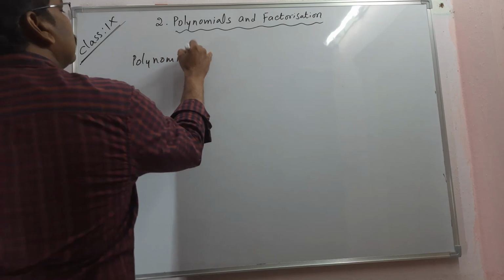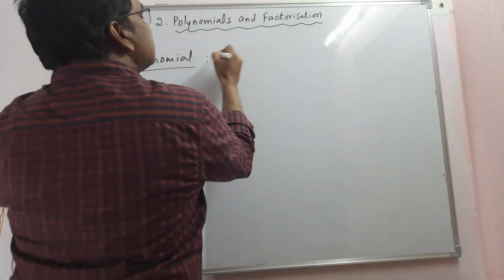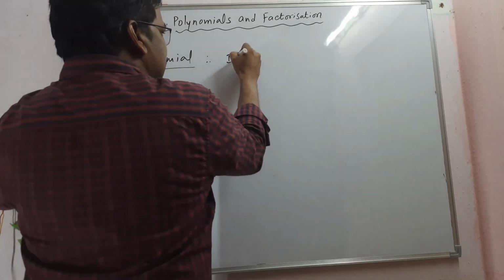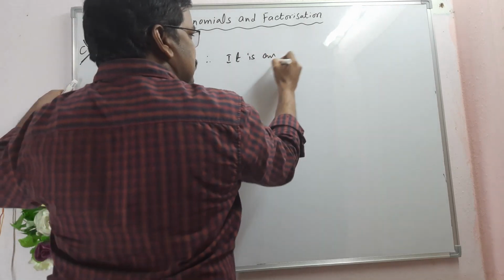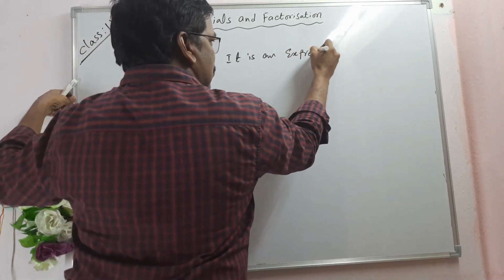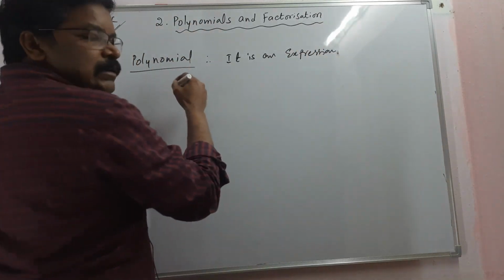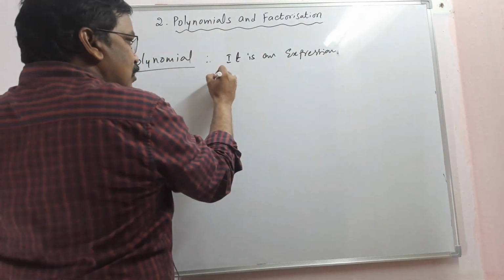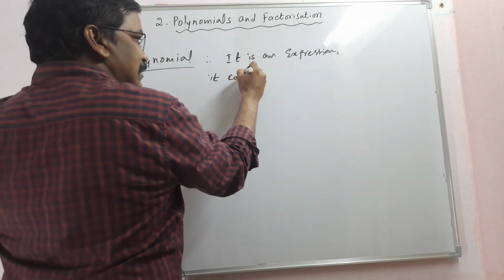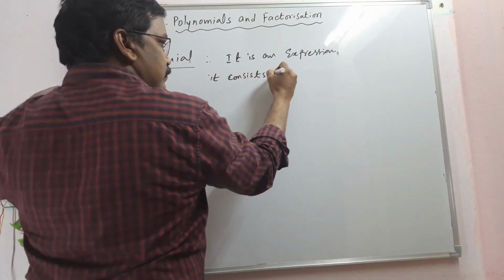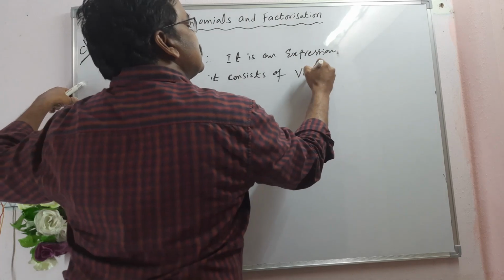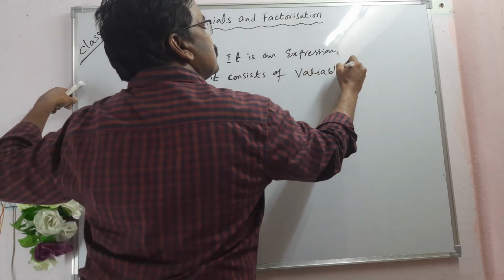What is a polynomial? Polynomial means, students, it is an algebraic expression. It consists of variables.